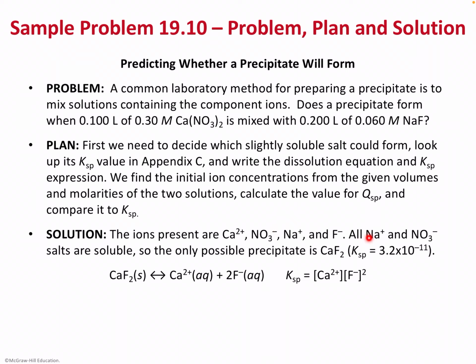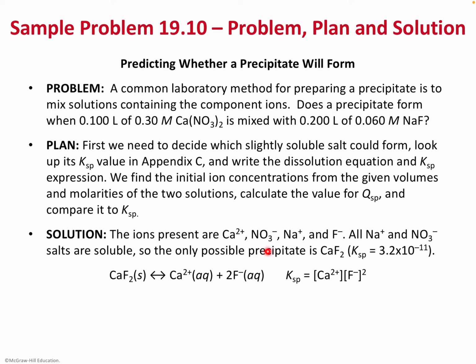All sodium salts and nitrate salts are soluble, so the only possible precipitate is calcium fluoride, and its Ksp value is 3.2 × 10^-11. When we mix these two together with the given amounts, if it exceeds the Ksp value, then we will see a precipitate. If it is less than this value, then we will not see a precipitate.